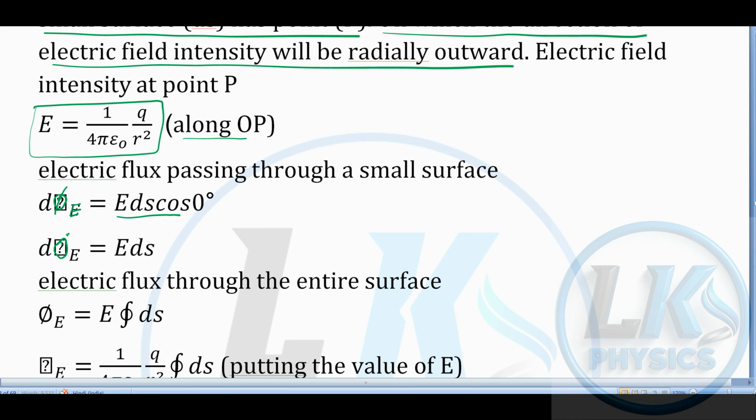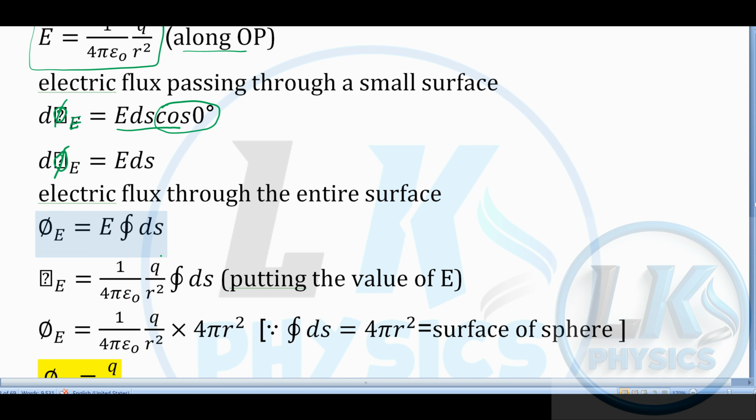Now d phi equal to E ds because cos 0 is 1. Then we find total electric flux through the entire surface. Then we integrate. This can be written as phi equal to E, and this is the sign of integration of small area element ds.